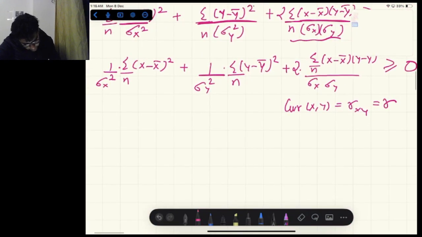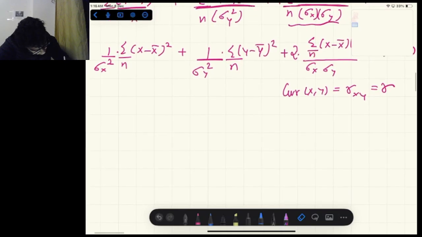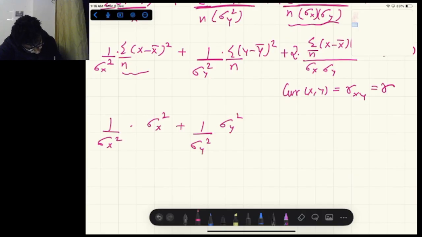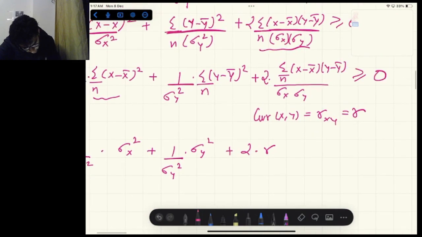So now I can write this as 1 upon standard deviation of x, 1 upon variance of x multiplied with the variance of x again, because this is the variance of x, and 1 upon variance of y multiplied with the variance of y, and plus 2 times r, because this is my correlation.